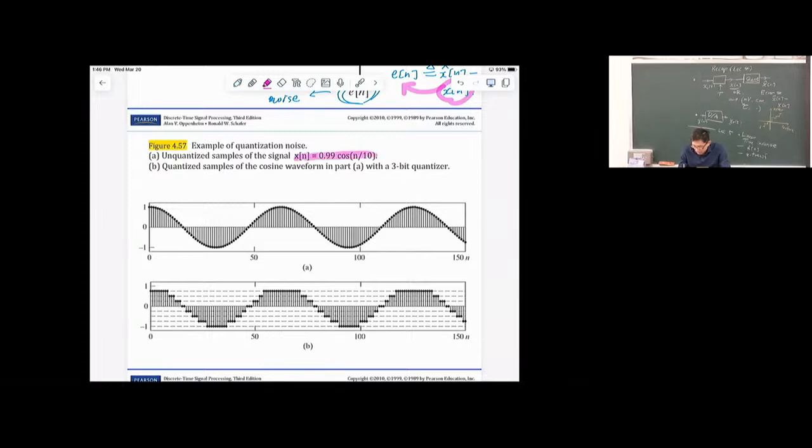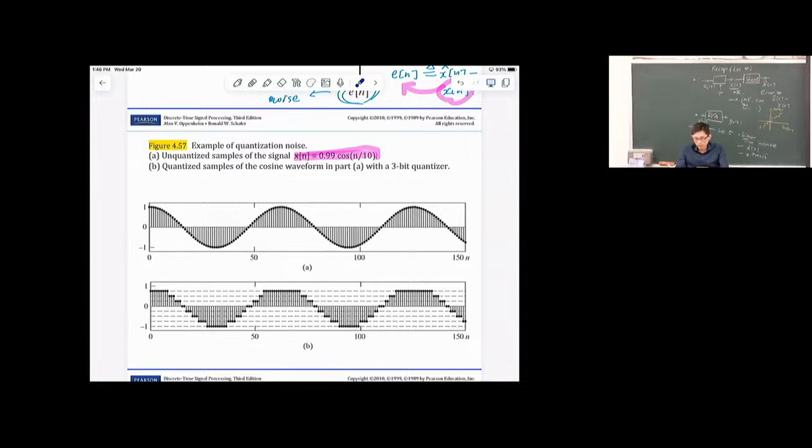In this example, we have a discrete-time sequence, which is basically a periodic signal, a cosine with a certain period. This is before quantization.